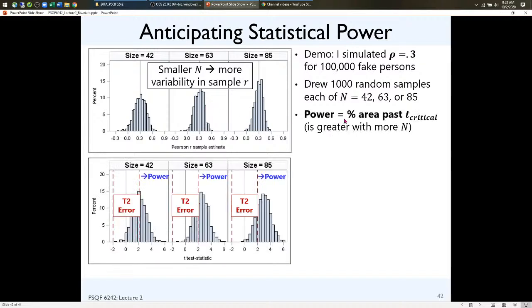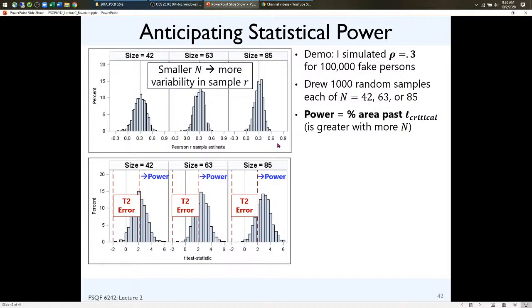And so then, given these results, we can talk about power as the probability of rejecting the null hypothesis, given that there is an effect to be found, which is what we know is true because I made the data. So for each of these correlation estimates for each of the samples, I then computed the corresponding t-test statistic, and those t-test statistics are what's shown on the x-axis down here.